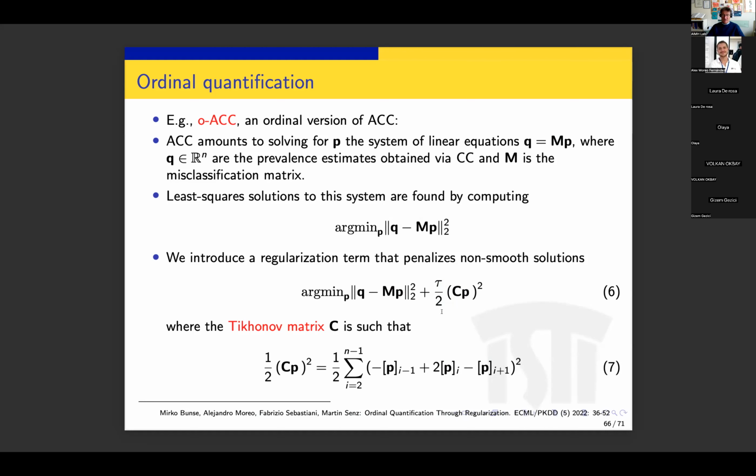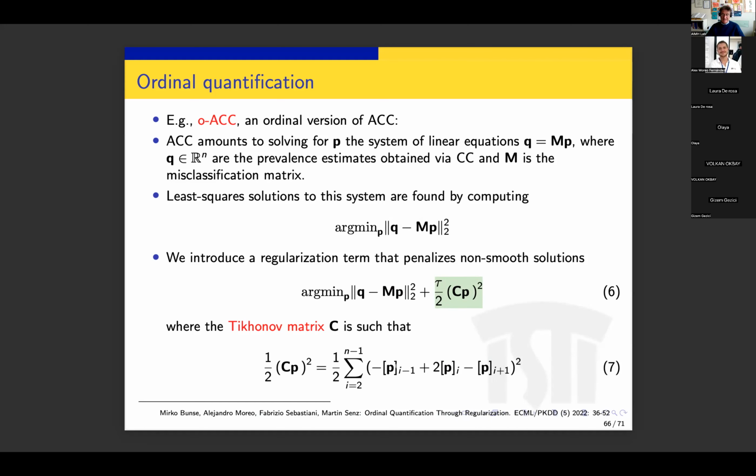So, in a sense, by minimizing this regularization term, we give preference to smooth solutions, to solutions whose class prevalence between one class and the following class differs less.